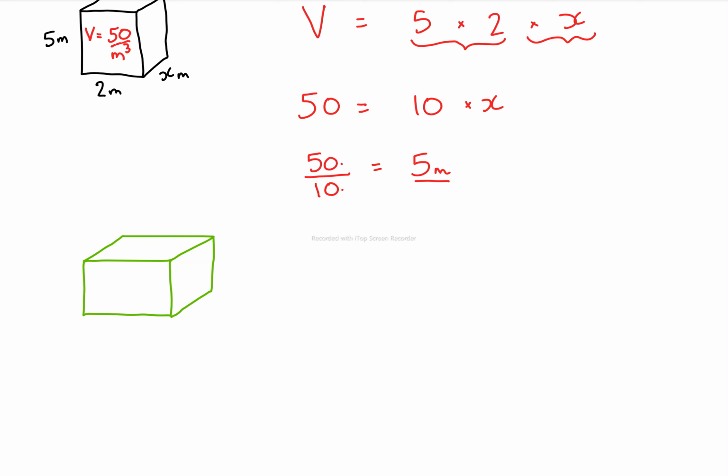So if I said to you that is 3 meters, that is 4 meters, this is x meters, and then I gave you the volume V as, I don't know, 24 meters cubed, how would you do this? So pause this for a second and try it yourself.